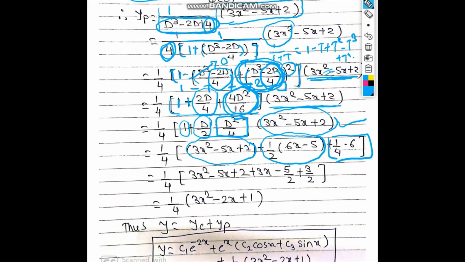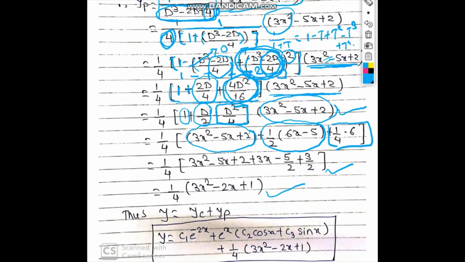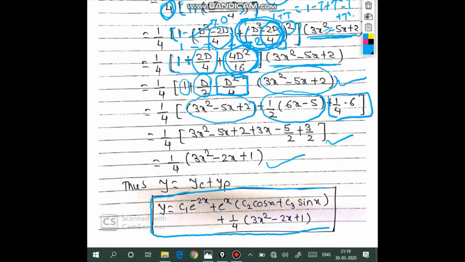Obviously the first derivative is 6x minus 5, and the second derivative is, sorry, only 6 there. That is the second derivative and it is written there. The remaining thing is simple simplification, and at the end we write yc plus yp as the complete solution. So that is about solving the differential equation when the RHS is an algebraic function. Okay, thank you. We'll stop here.